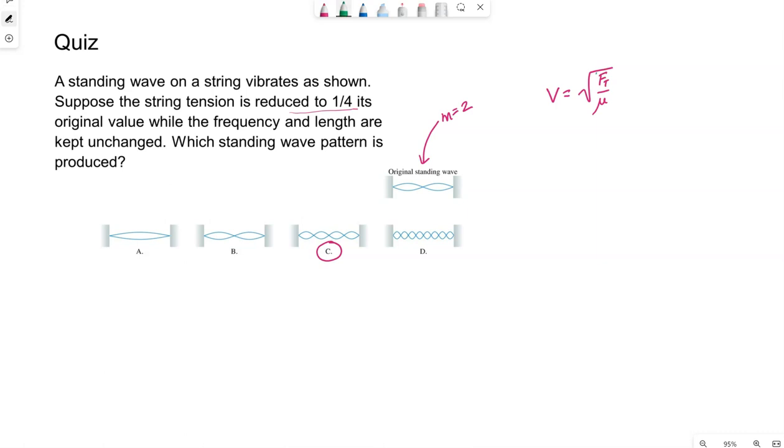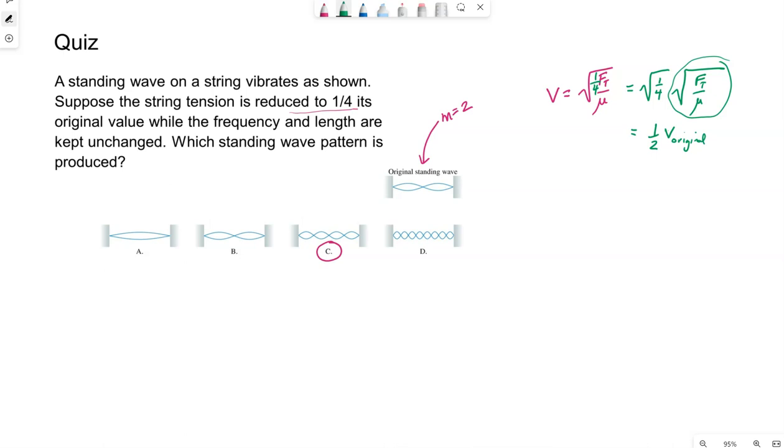So if I am reducing our tension to 1/4 of what it was, if I bring out this square root of 1/4, this is going to be 1/2, and then this is the original speed. So the new speed is half of what it originally was.